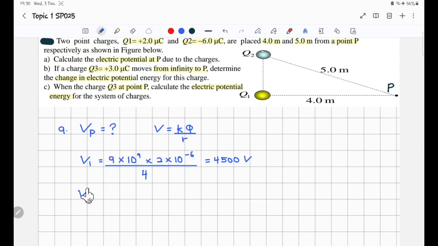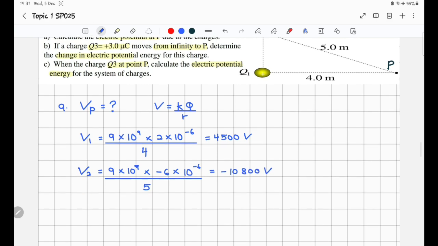And we'll do the same for charge number 2, where the value of charge number 2 is negative 6, which needs to be included, and divide by the distance, which is 5 meter. So we'll get the value of negative 10,800 volt. Since we want to find the potential at point P, and P has two charges, the total at point P will be V1 plus V2.